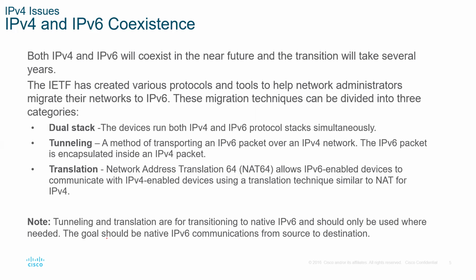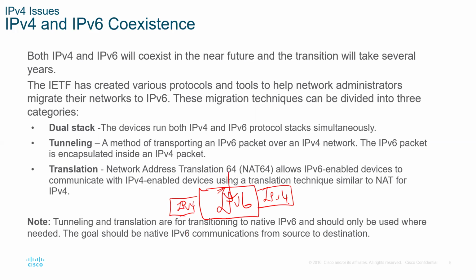Right, then we have tunneling, a method of transporting IPv6 over an IPv4 network. The IPv6 is encapsulated inside an IPv4 packet. So tunneling enables IPv6 over existing IPv4 infrastructure. When we talk of encapsulation, basically what happens is we have an IPv6 packet, then we add IPv4 headers and trailers, meaning the IPv6 packet becomes the payload.